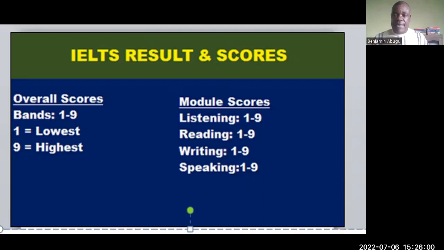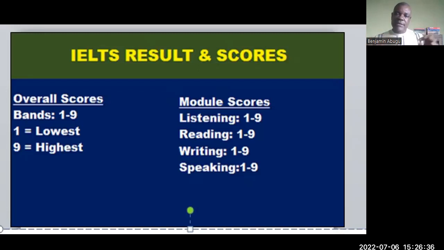And one thing you ought to know is that you can always find out what the university you are applying to requires in terms of the scores. If a university, for example, has as their admission requirements band 7.5 overall score, they can go ahead to specify that they want you also to obtain at least band 7 in reading and writing, or in listening and speaking, as the case may be.